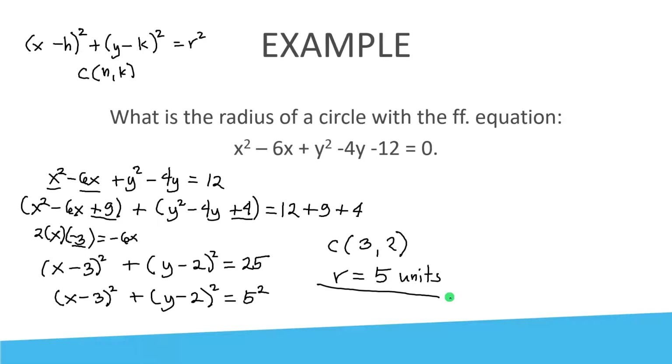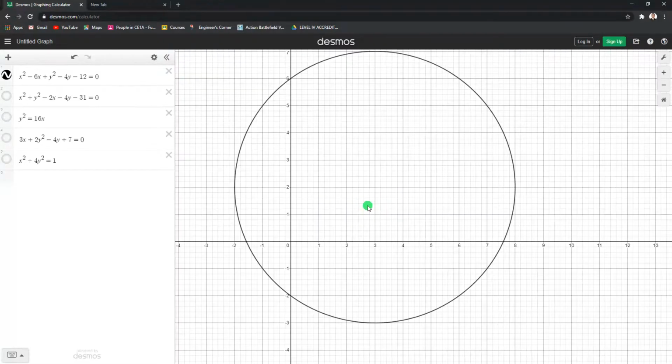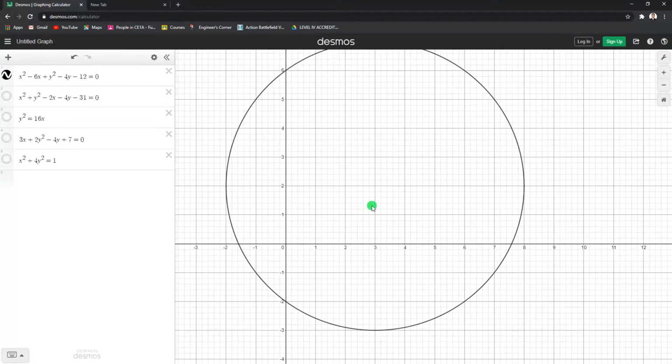Okay, so here is your equation: x squared minus 6x plus y squared minus 4y minus 12. We have already determined the center at (3, 2). So here's your Cartesian plane, here's your origin. So 3 and positive 2. Right here is the center of the circle.